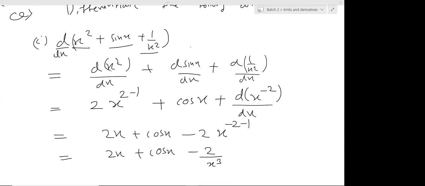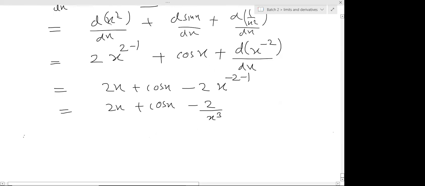All right, next question. You guys solve that. (ax square plus bx plus c) whole divided by under root x. Solve this one. I'll give you a few minutes.